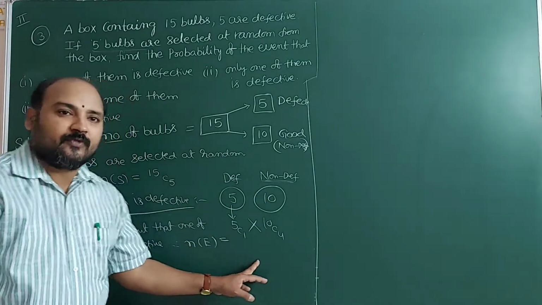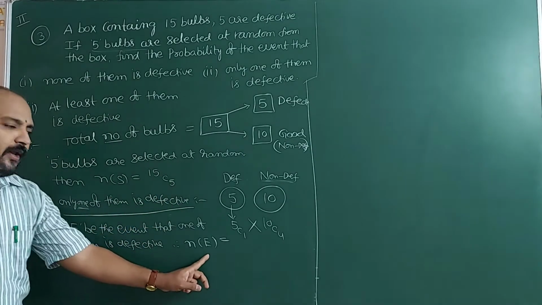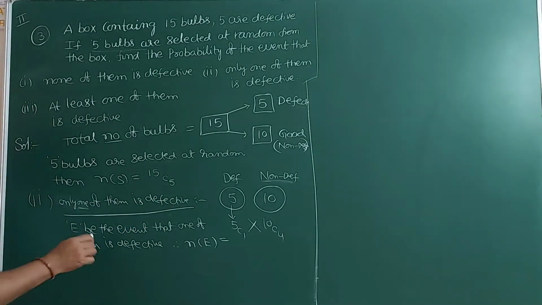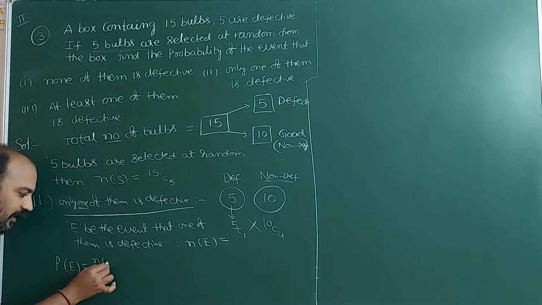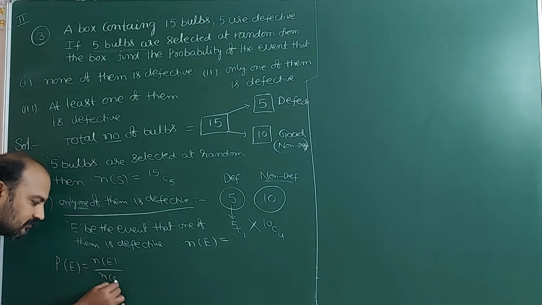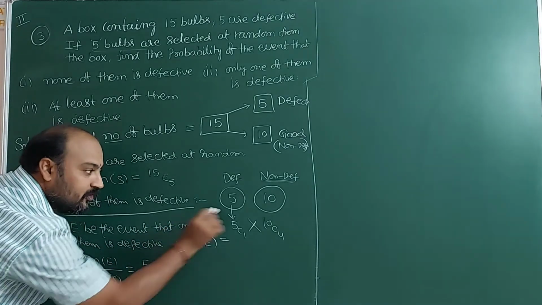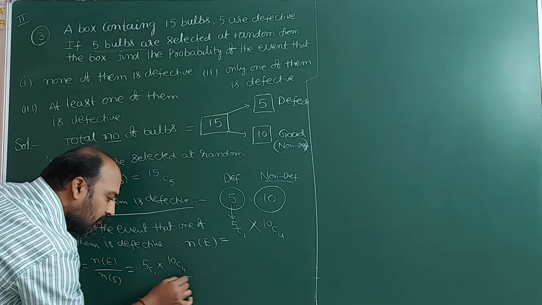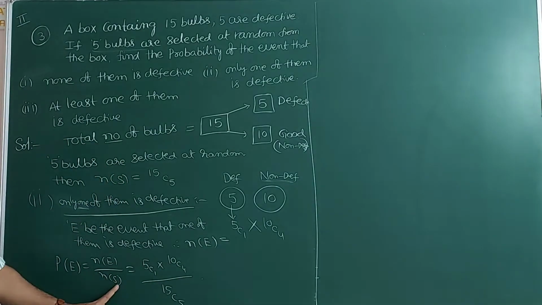This is N of E. N of S already we have that 15C5. So the probability P of E is equal to N of E by N of S, N of E is 5C1 into 10C4 by 15C5, N of S value 15C5.